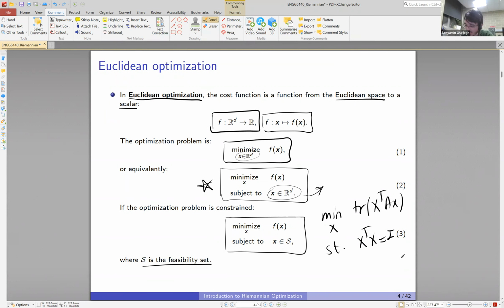This constraint, x transpose x equals I, means that I want the matrix X to be an orthogonal matrix. It means that I want its columns to be orthonormal, meaning that the inner product of different columns is 0, but the length of the columns is 1.